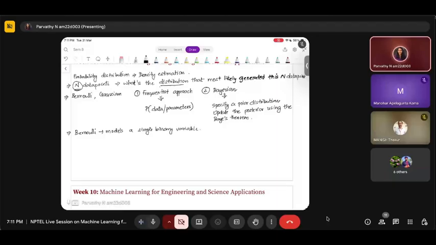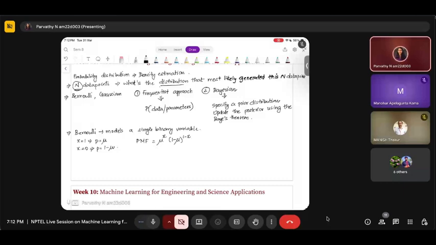For example, when x is equal to 1, which denotes head, it has probability mu, and when x is equal to 0, which denotes tail, the probability will be 1 minus mu. So this probability value will be between 0 and 1. Now for the Bernoulli distribution, the probability mass function is given by mu raised to x, times 1 minus mu, the whole raised to 1 minus x.